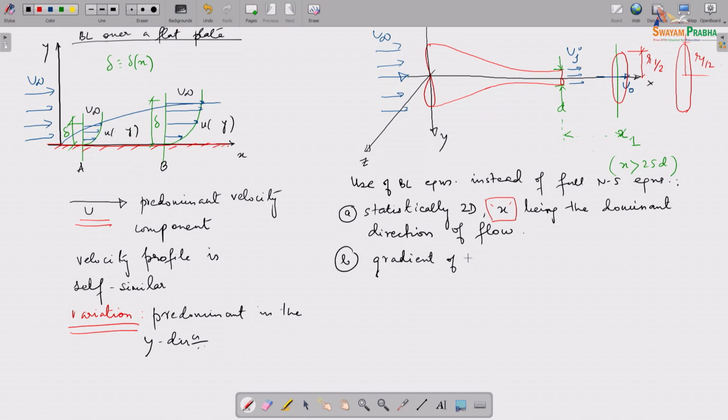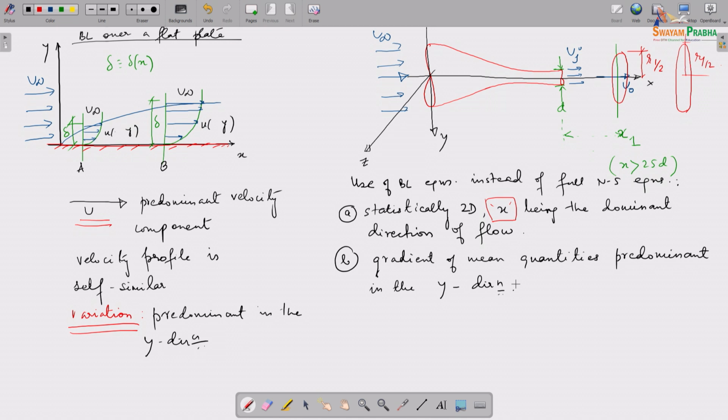So gradients of mean quantities are predominant in the y direction, essentially perpendicular to the direction of flow.